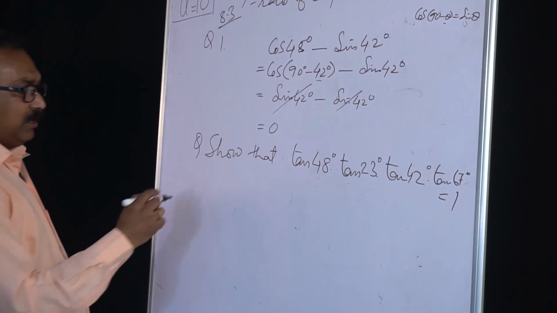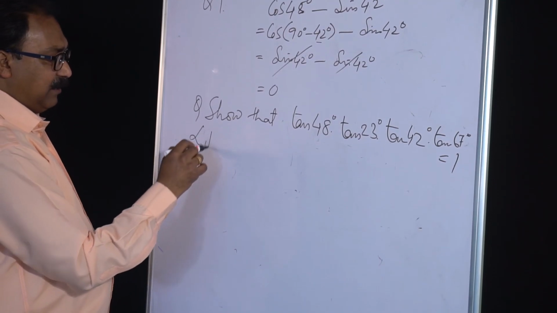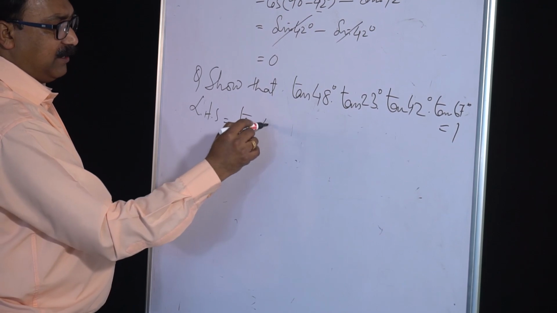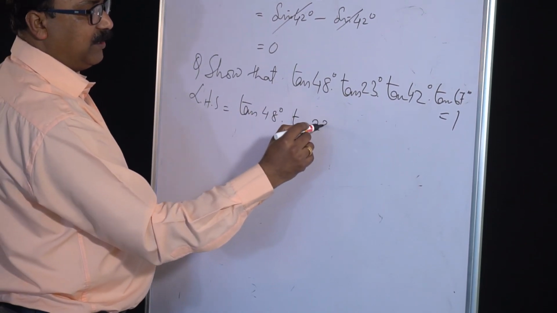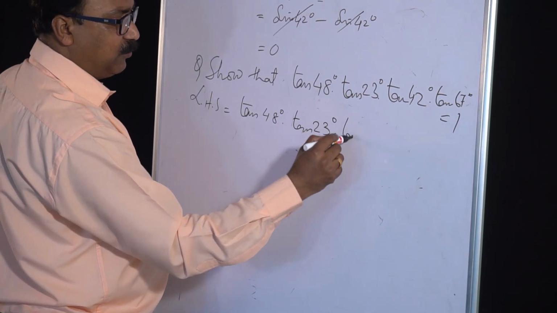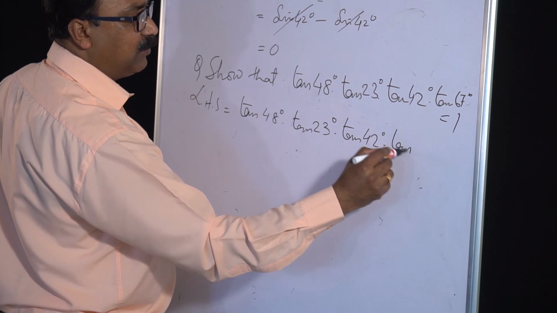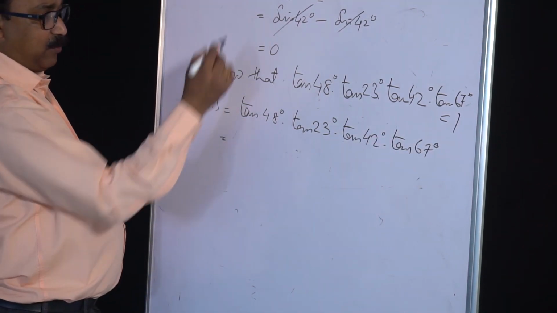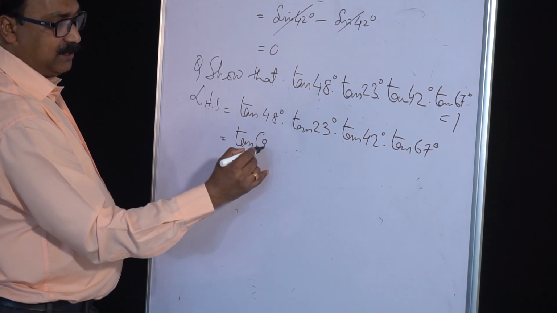So now if you consider this the left hand side, you can write the part again. Left hand side, what is that? Tan 48 degrees into tan 23 degrees into tan 42 degrees into tan 67 degrees. Now you can apply the same process: keep tan as it is, then you have to change with respect to 90 minus how much?